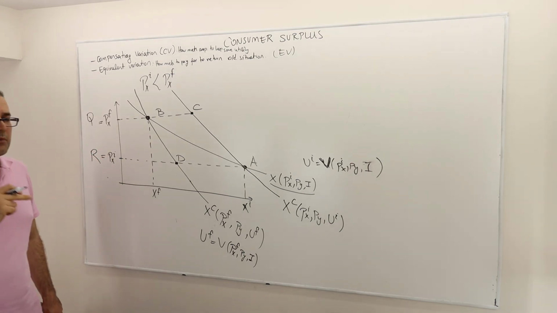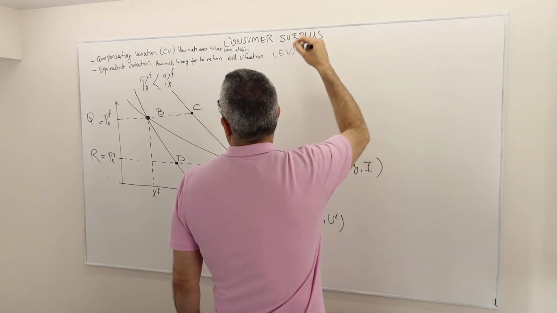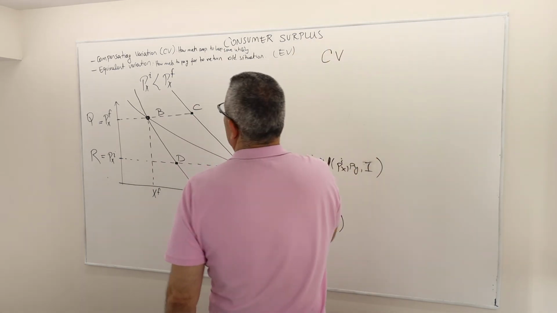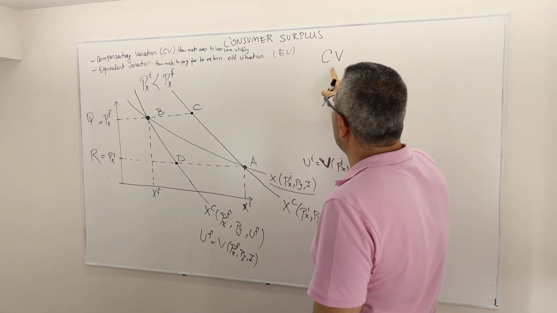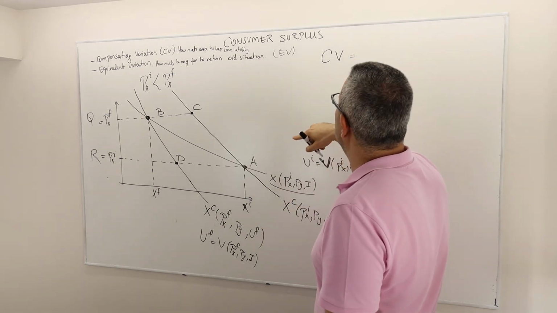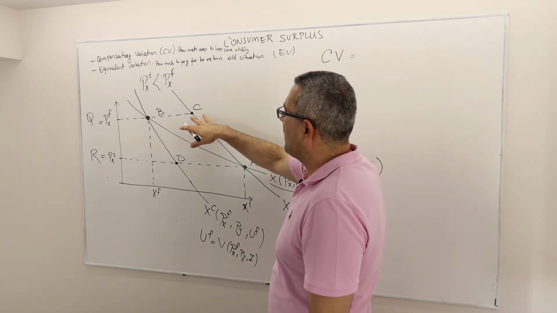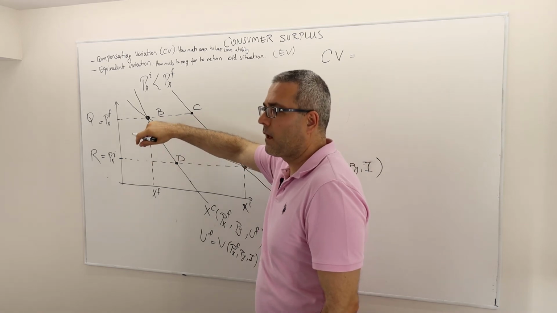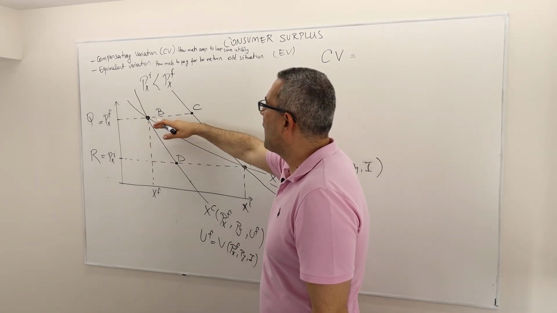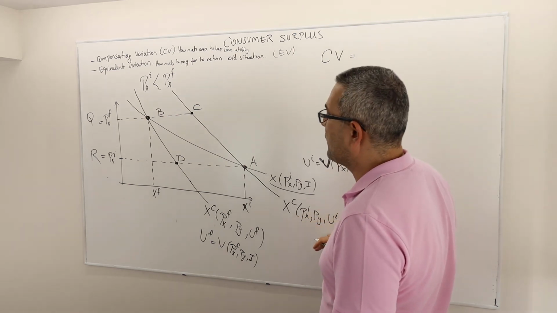So if you remember our compensating variation calculations, the compensating variation was basically telling us how much we need to compensate this guy if we want to keep his initial level of utility Ui.